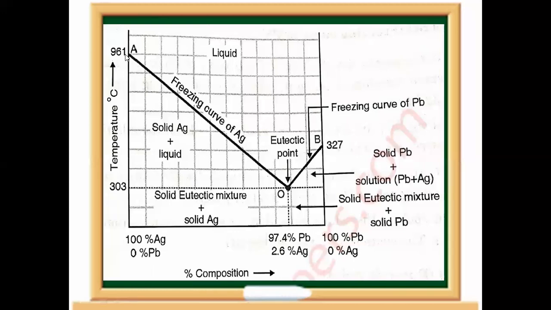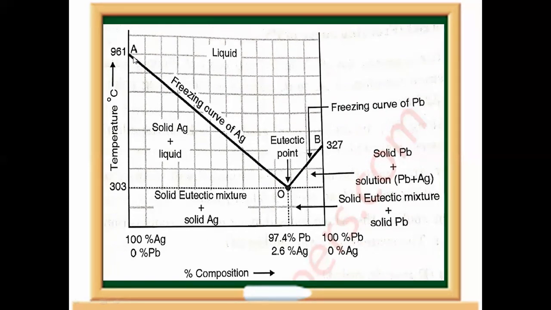So the procedure begins from this point A at 961 degrees Celsius; we have taken silver. ठीक है, silver in the molten state is the reactant, लेकिन हमको पढ़ना क्या है? Equilibrium state. So now, when lead was added to this molten silver, it was found that slowly and steadily silver was freezing.